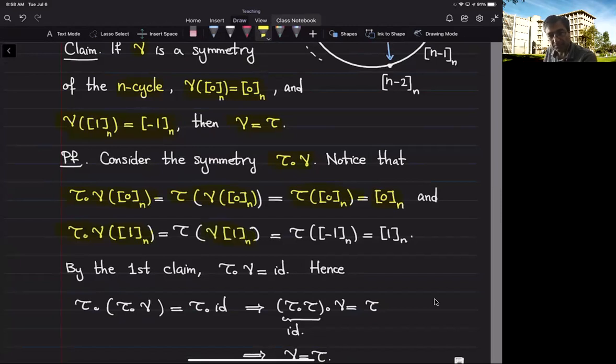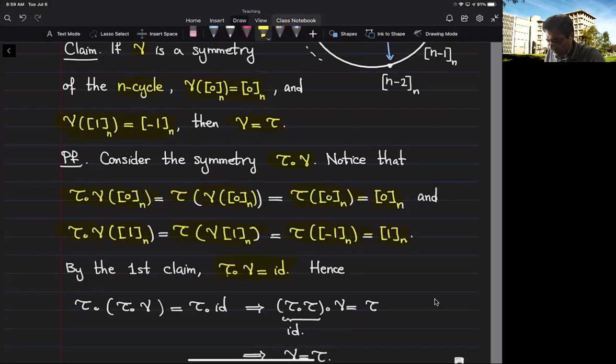Tau brings it back to 1. So the composite of tau and gamma fixes both 0 and 1. And it's a symmetry of the n cycle because it's a composite of 2 symmetries. Therefore, by the previous claim, by the rigidity that we proved, it is the identity. So that means tau composed with gamma is identity.